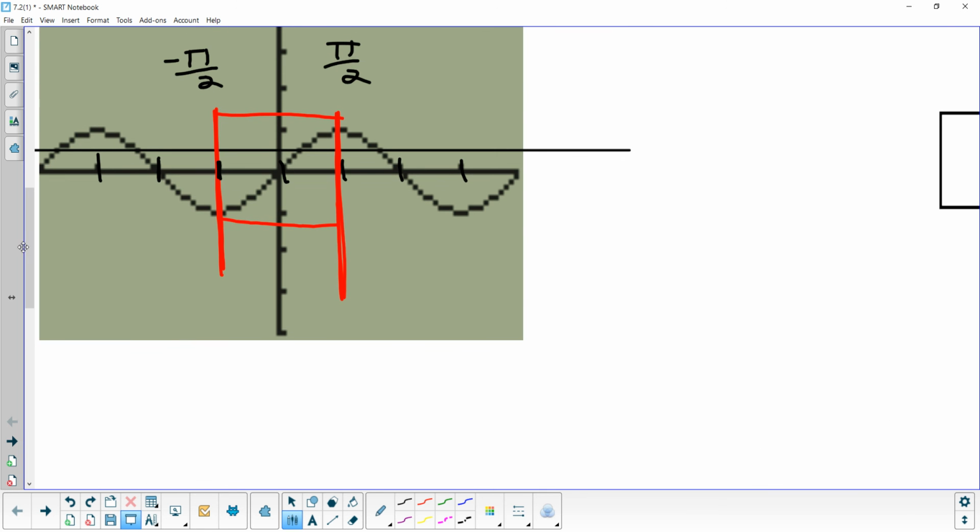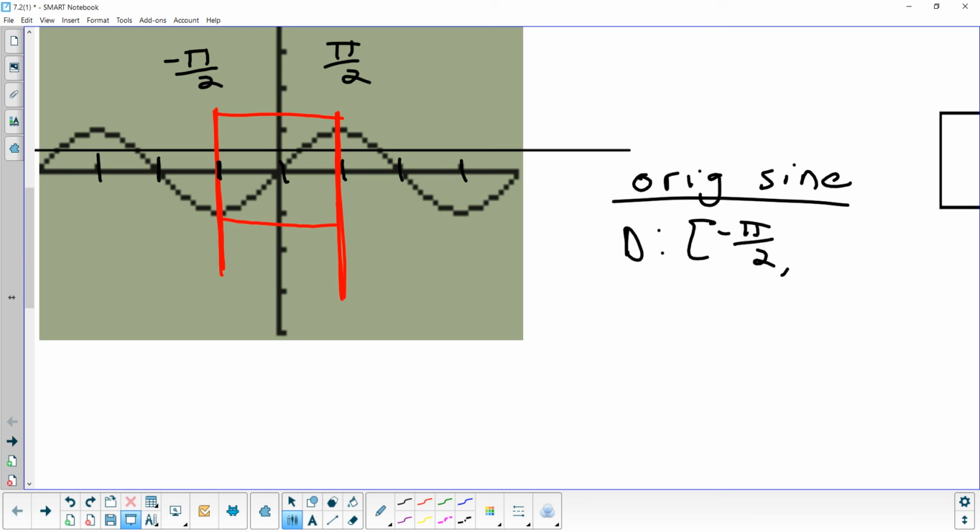All right, let's write that down. So this is for the original sine. The domain, we're going to put restriction from negative to positive pi over 2, including. It's okay to include it. That's why we use the bracket. Now, what's the range?